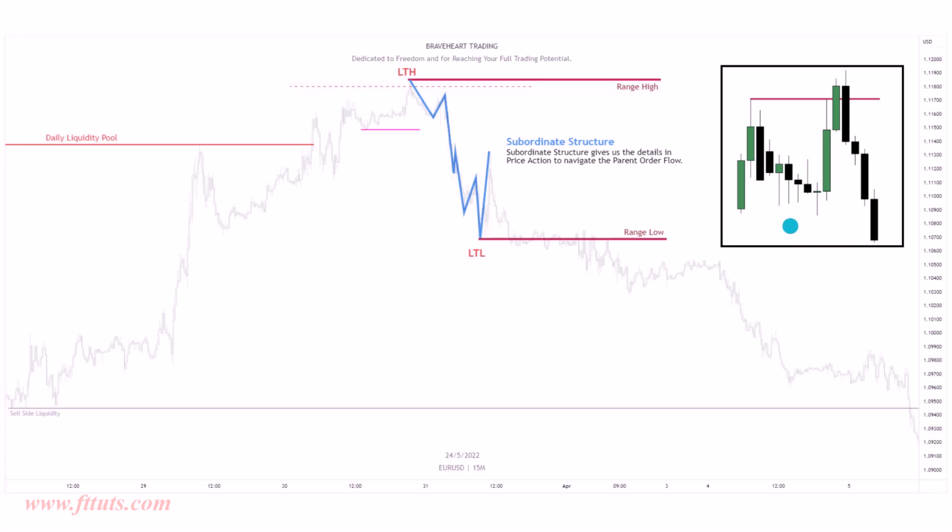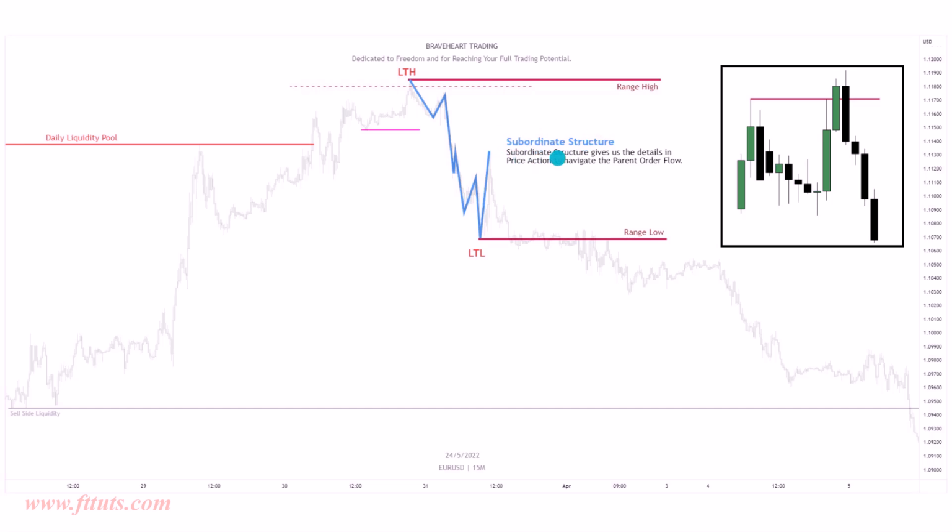So this is what it would look like on the daily chart. You have the old high here, you have the sweep above the old high, and the displacement lower. But you can't really find an entry just by using the daily candles. So you need to navigate this entire move with the subordinate structure.